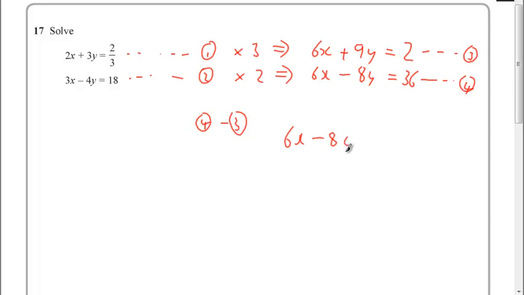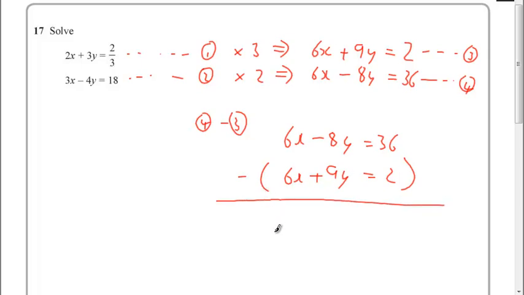Minus 8y equals 36 minus, so the x's go, no x's. Minus 8y minus a 9y now. That's going to take us to minus 17y. 36 minus 2, 34. That looks nice, doesn't it?